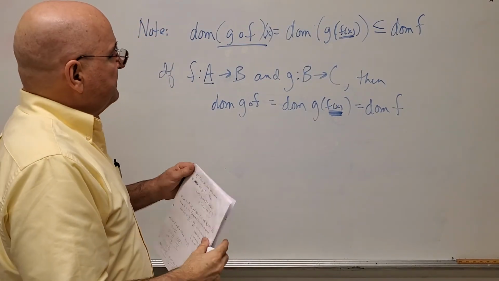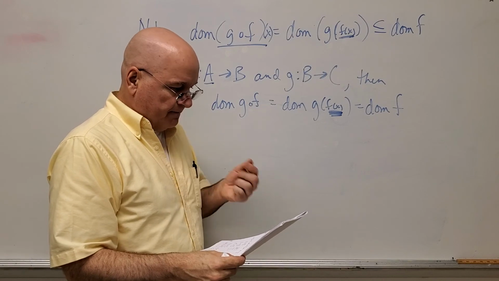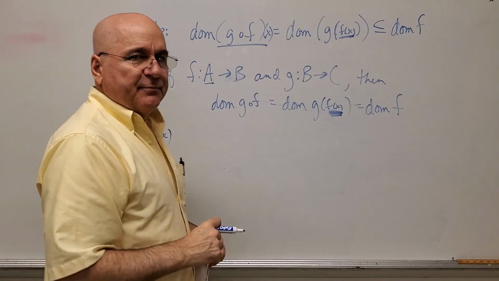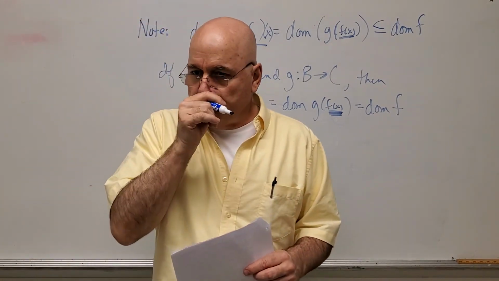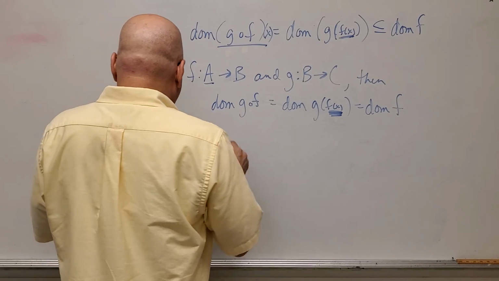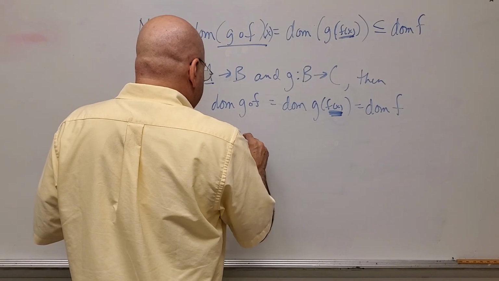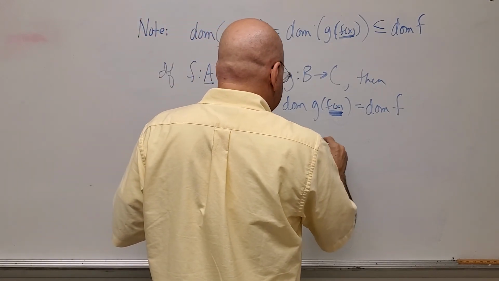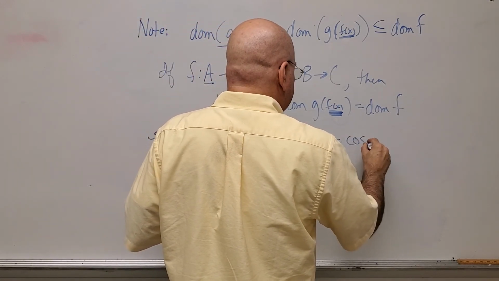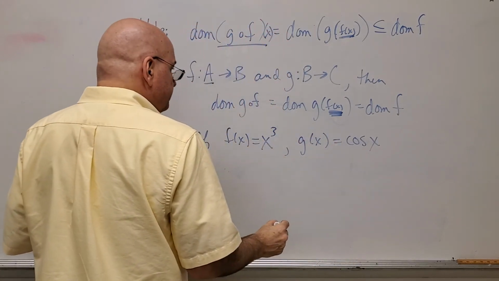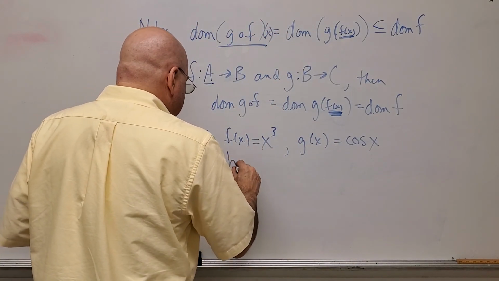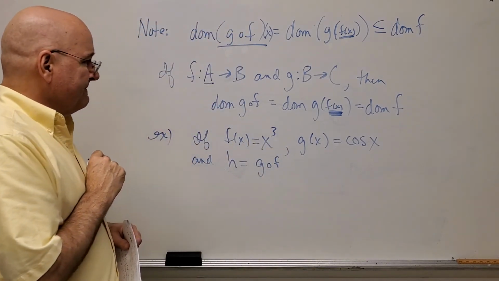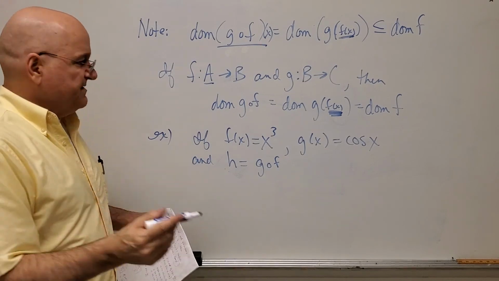Some subtleties about the domain of functions. Well, a really simple example, just to make sure that we understand what composition of functions means, is if f of x is x cubed and g of x is, say, cosine x, and we define h to be g composed with f, then what is h?